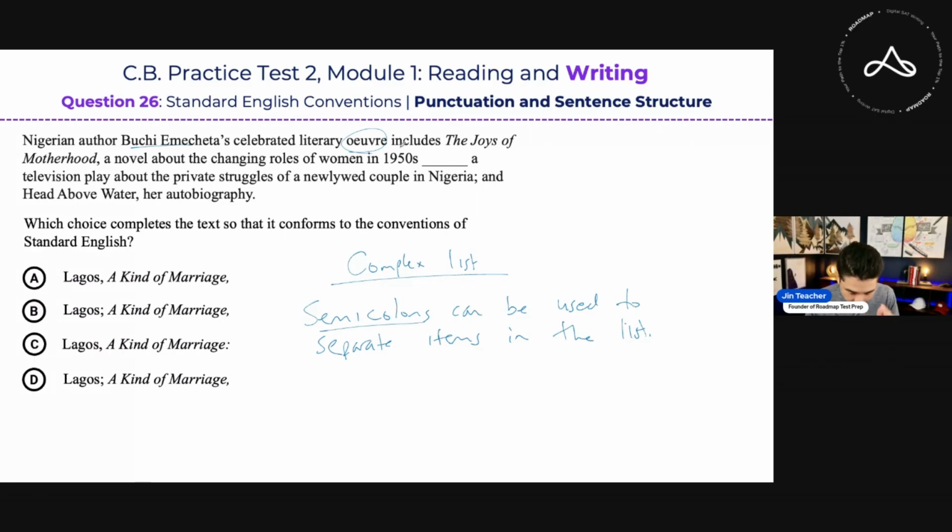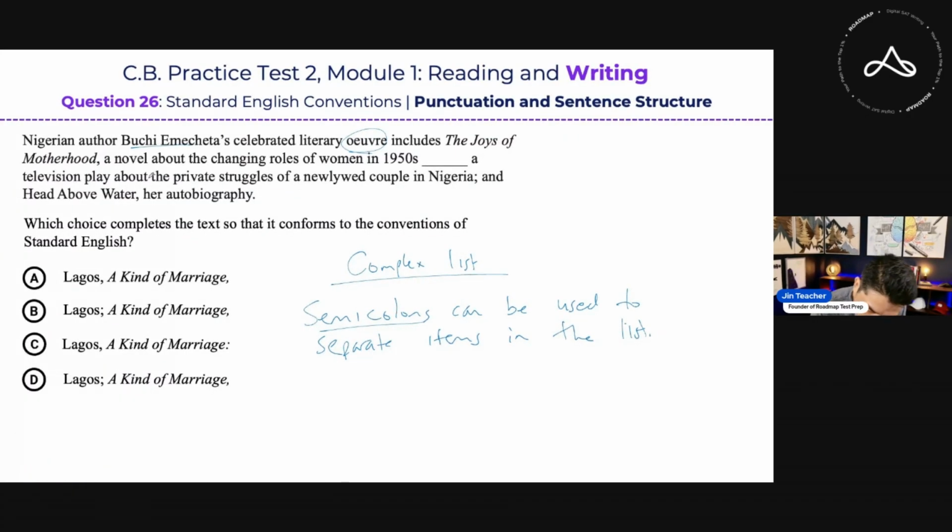So here it says the celebrated literary O includes The Joys of Motherhood, a novel about the changing roles of women in 1950s Lagos, A Kind of Marriage, a television play about the private struggles of a newlywed couple in Nigeria, and Head Above Water, her autobiography. So guys, notice how we have a list. Can you kind of hear the list here?